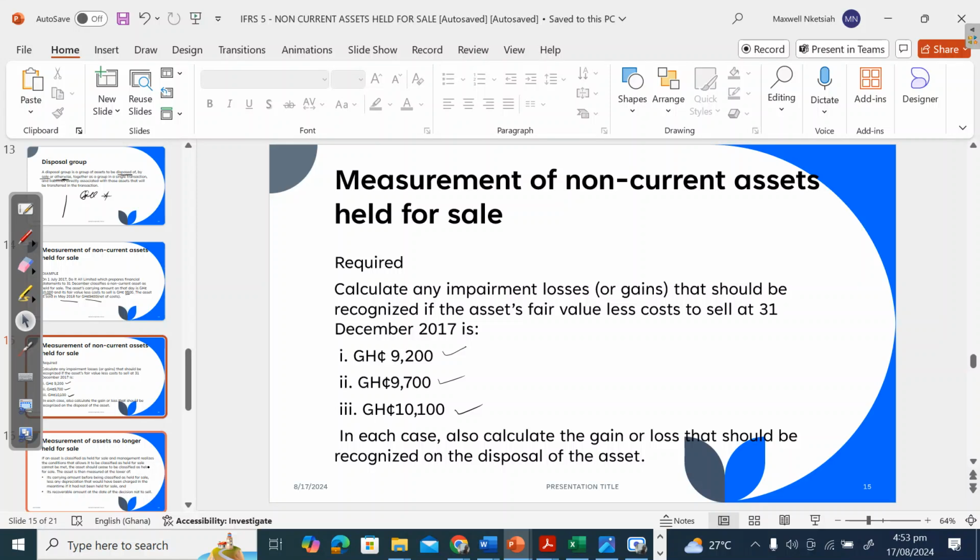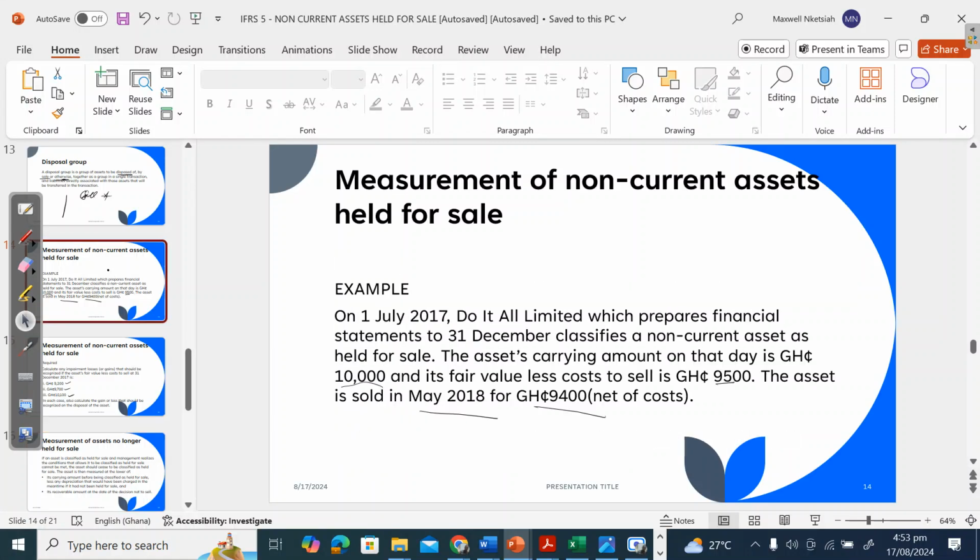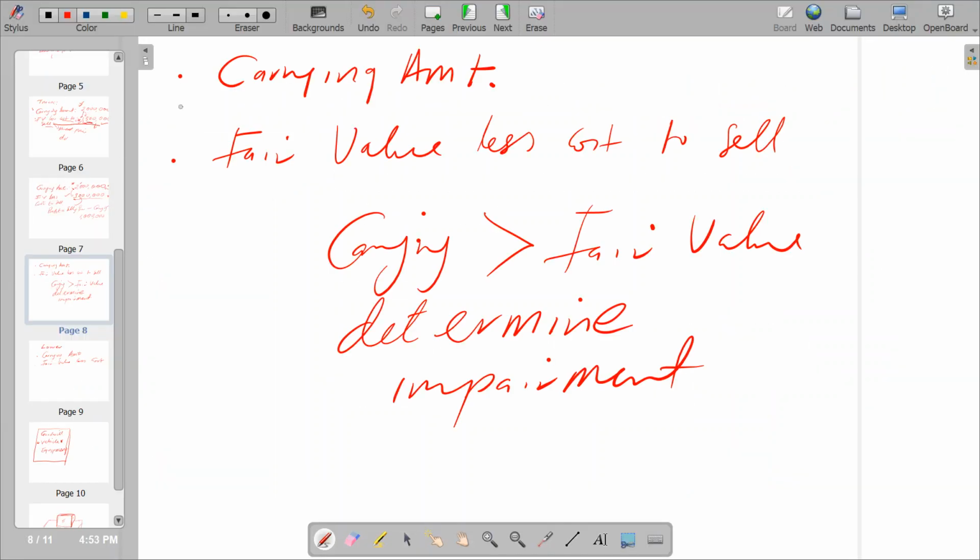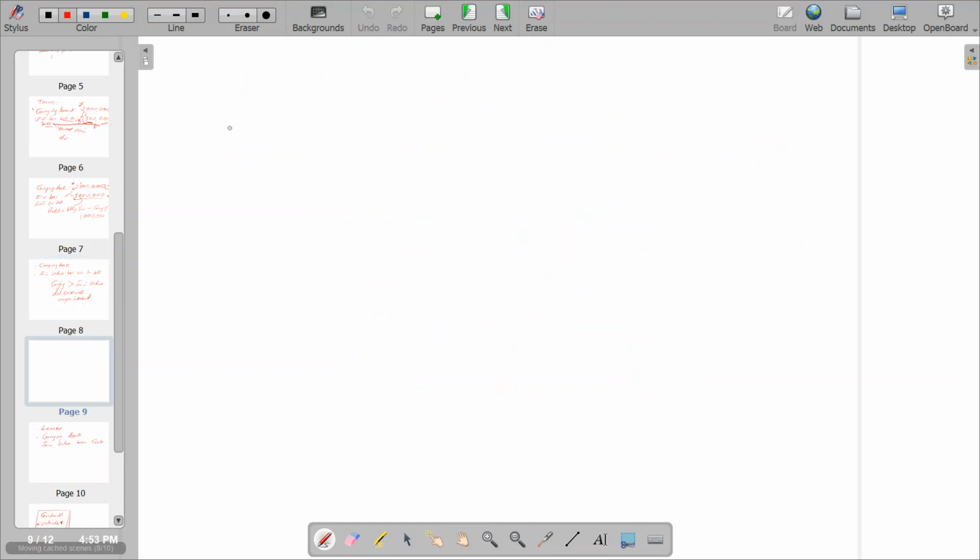Okay, so we have a company that wants to sell their assets. On the date of the decision to sell the assets, the carrying amount of the asset was 10,000 and the fair value less cost to sell was 9,500. Okay, so let's see how we go about it.